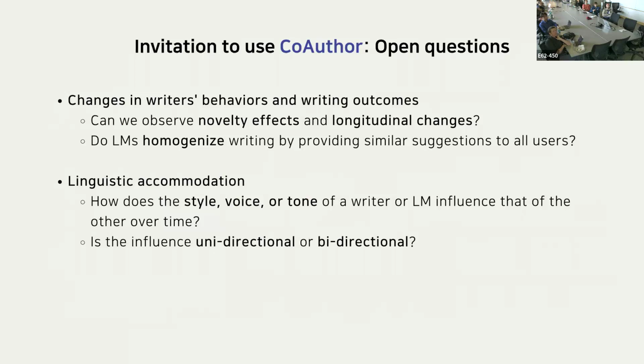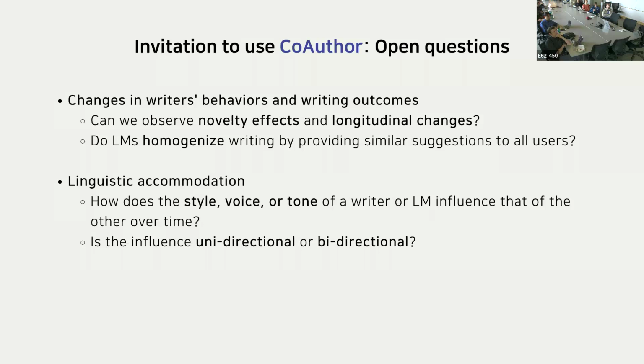Okay, and there are still so many open questions that we can explore. And I think CoAuthor can be a good starting point to investigate these things. So one question we had was about changes in writers' behaviors and writing outcomes. Because it was collected, I think, in 2021, people were pretty new to this thing.